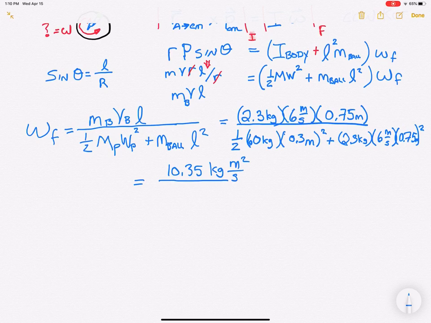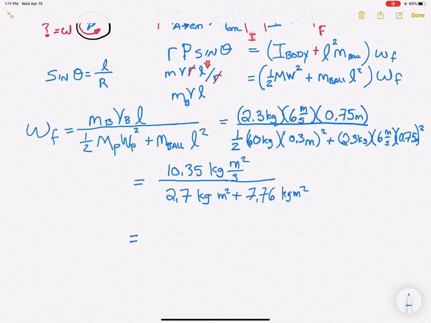And that's giving me 2.7 kilograms meters squared, plus the other term, 2.3 times 6 times 0.75, times 0.75, I forgot it had to be squared. That's giving me 7.76 kilograms meters squared.